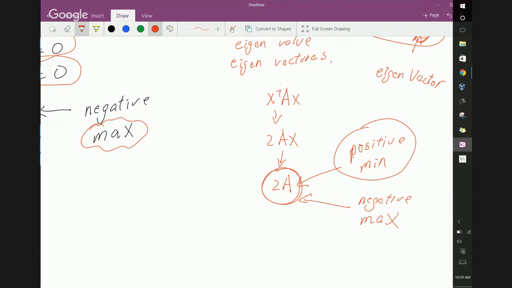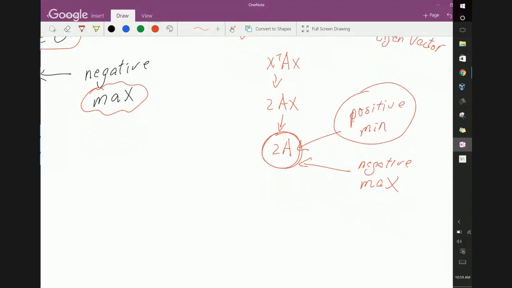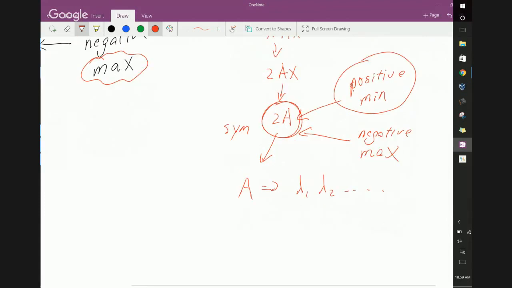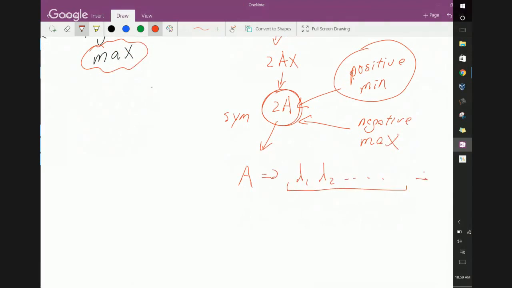And the way to check the positive definite in a symmetric matrix, right, is we take the A, find all its eigenvalues. If all the eigenvalues are positive, it means that A is a positive definite matrix.